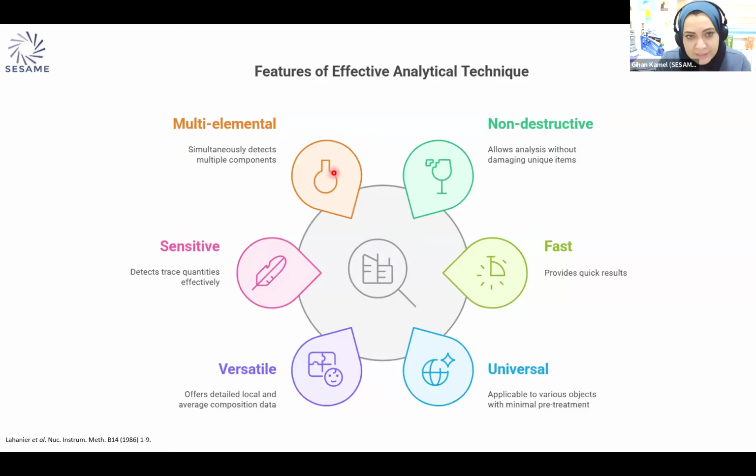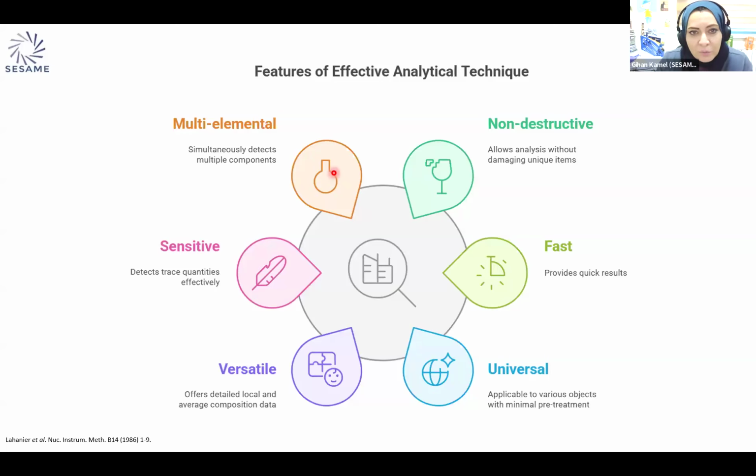So the point is that first of all, you say, I want to know this, and then you see which technique can serve you better. Like if you want to study atoms and elements, you cannot go to the IR, because IR, we are working on molecules. If you want atoms, you go to X-ray diffraction. If you want elements, you need to use an elemental analysis. You can go to X-ray fluorescence.